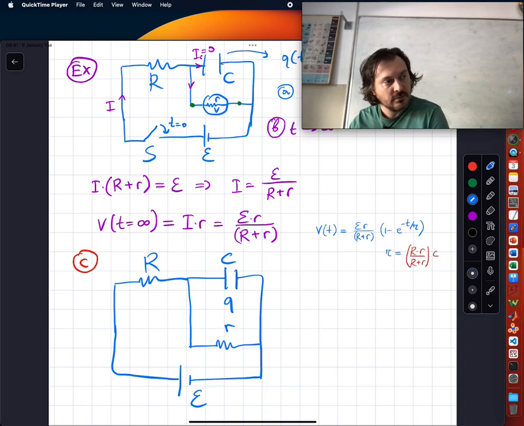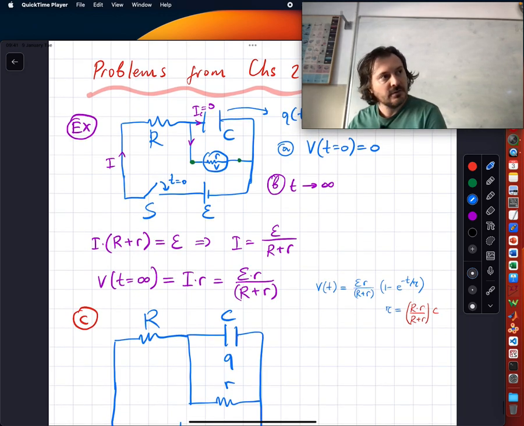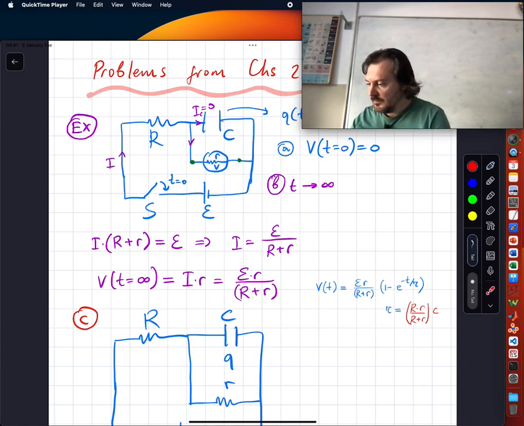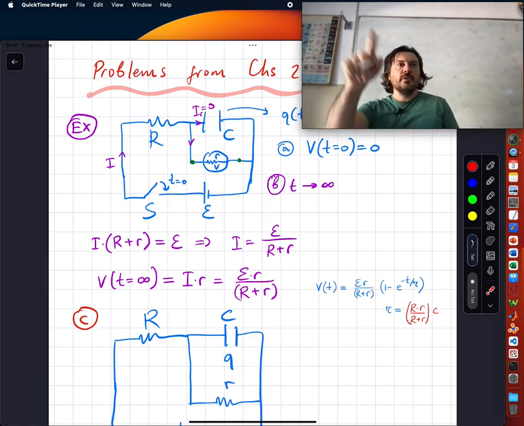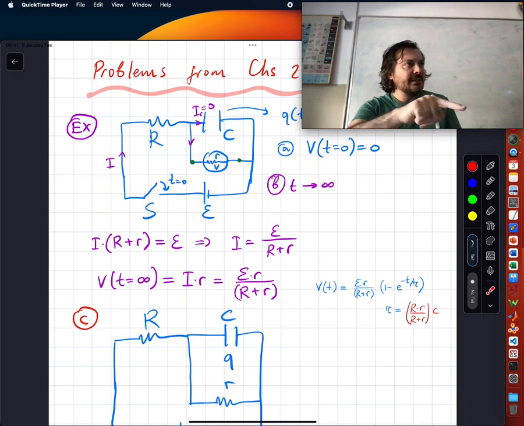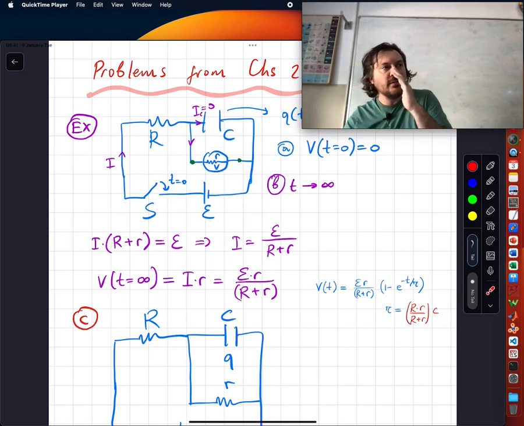Yes, that's what we did in part B. In part B, we ignored this part, that's why we got them in series. So it depends on the capacitor. Were you saying that? Okay, now I understand what you were saying.